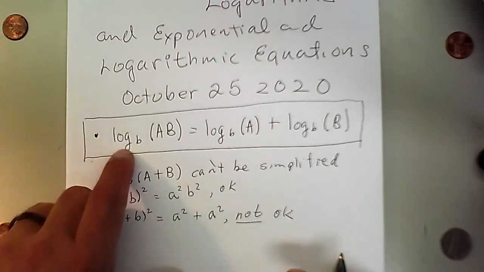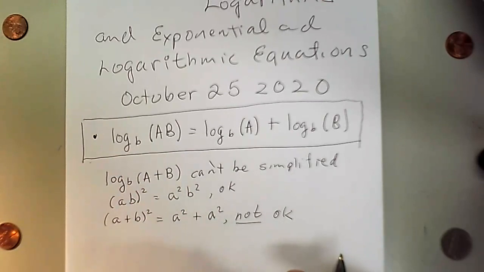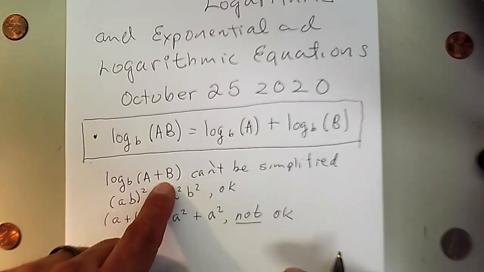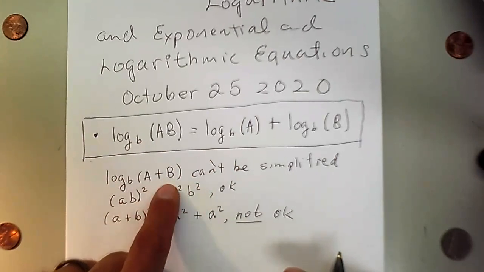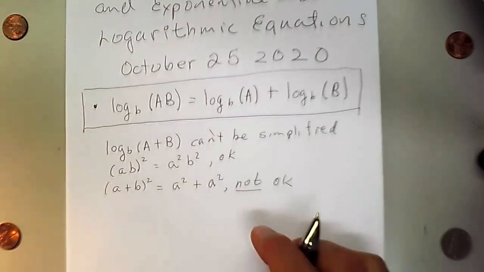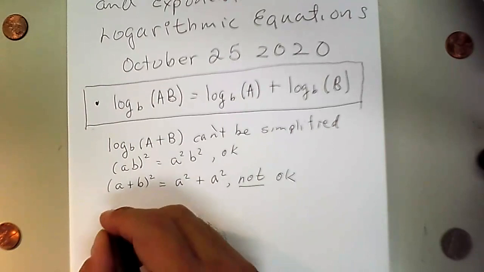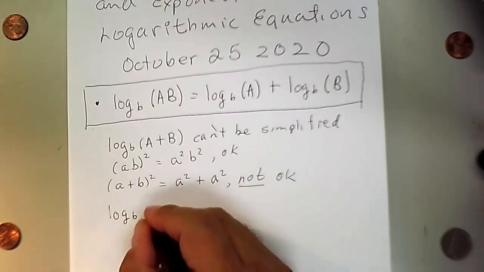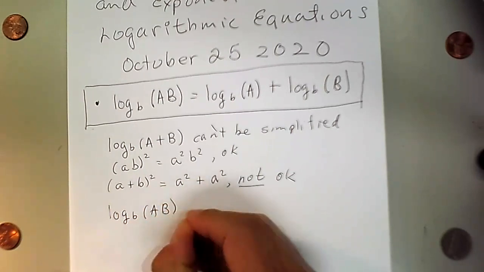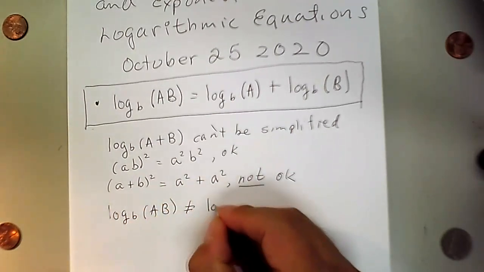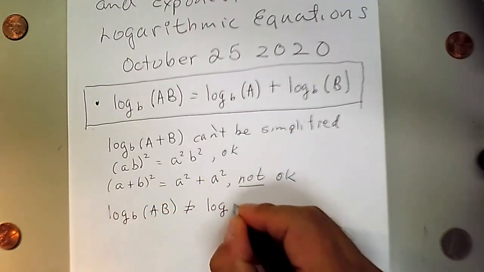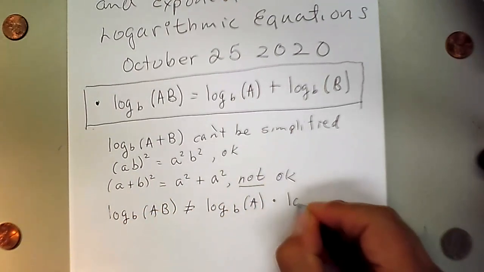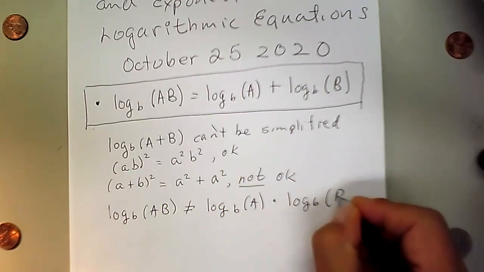So logarithms have this property. Do not try to do something else. Make sure you figure this out. Oh, and the other thing that could be a problem is logarithm in base b of a times b is definitely not equal to the logarithm in base b of a times the logarithm in base b of b.